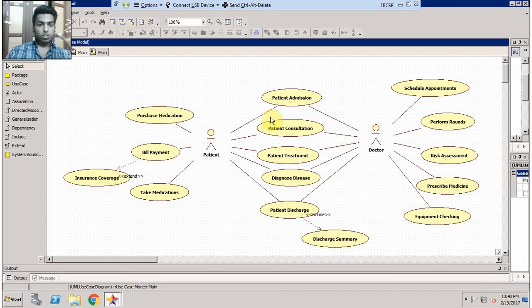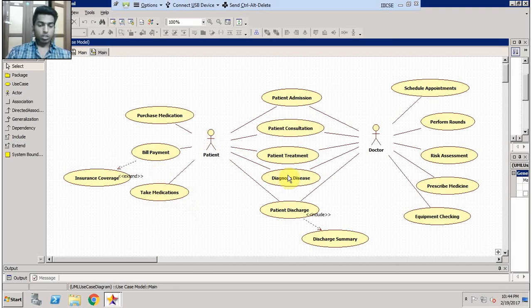There are other cases where both patient and doctor interaction is required for the use case. One is patient admission, which is basically entering the details of the patient into the system to know about the patient. Then comes the consultation part, where the doctor tries to make an initial hypothesis of the problem of the patient.